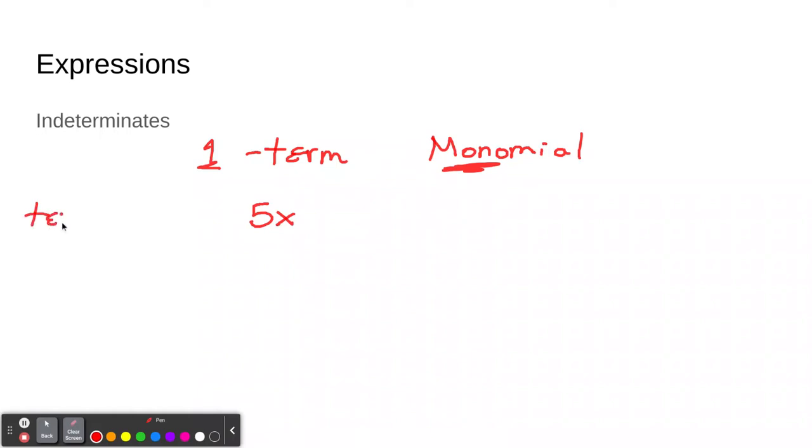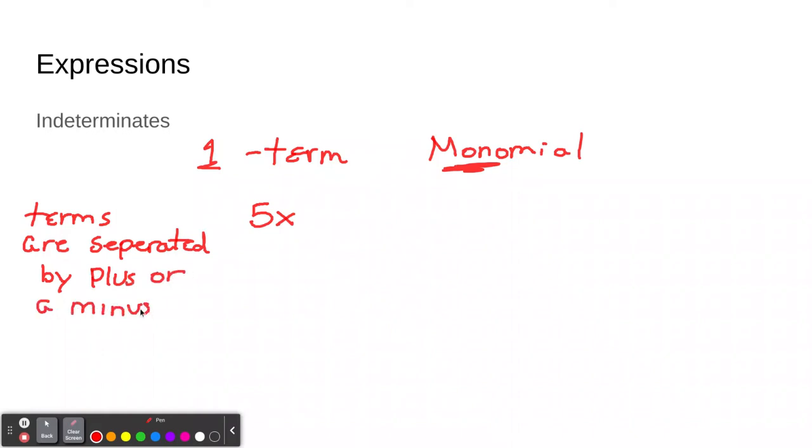So the terms in polynomials are separated by a plus or a minus only. No division, no multiplication. When you see a plus or a minus, then there's another term.